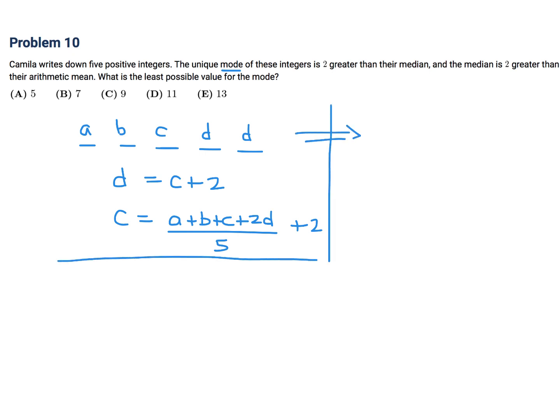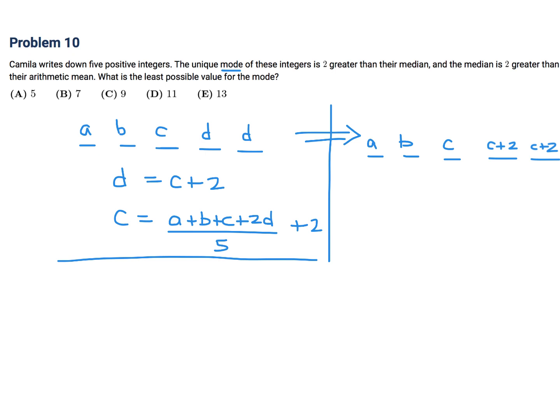Now let's write this as much as we can in terms of one variable. I don't think we'll be able to get it in one variable, but let's see if we can combine it. A and B, I don't think there's much we can do there, and C, I don't think so, but D I can write as C plus 2. So these are my 5 integers.